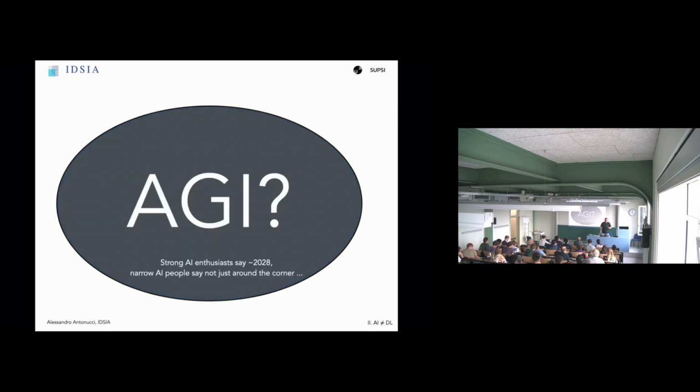Ideally, this will give us artificial general intelligence, strong artificial intelligence. There is a YouTube interview of a former colleague of ours, who is now at DeepMind and is a very influential guy.